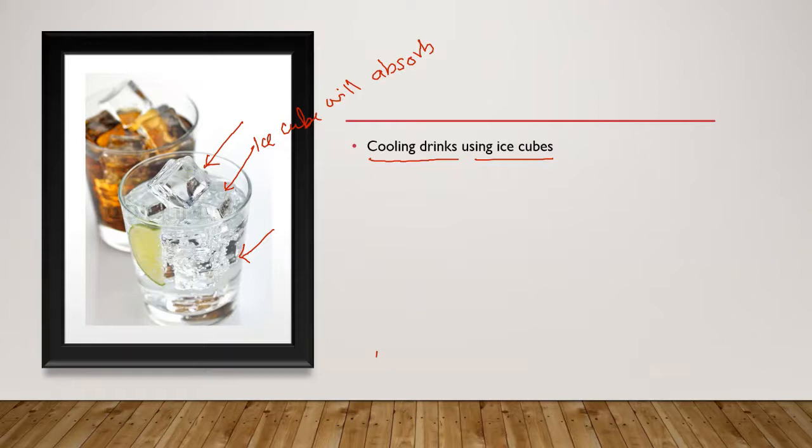Okay, apa yang berlaku ialah ketulan ais itu akan menyerap haba pendam tentu apabila ais itu mencair. Apabila dia sudah menyerap haba tadi, suhu air akan menurun. Sebab itulah air akan menjadi sejuk.